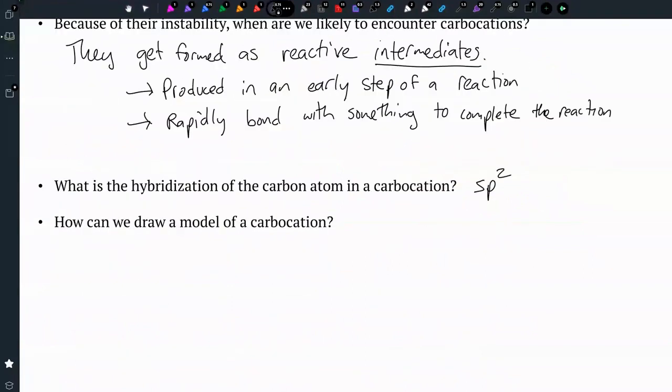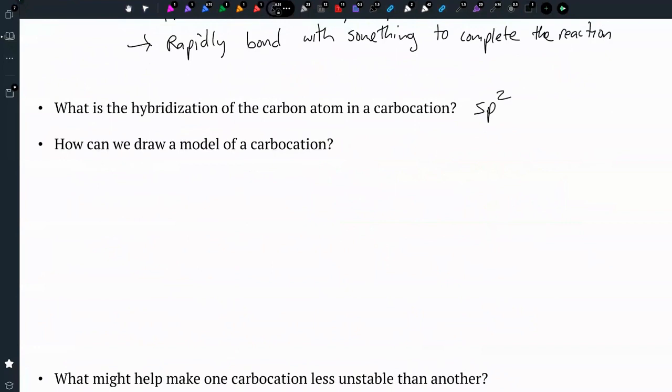So if I want to think about how to draw a model of a carbocation, it's trigonal planar. So since it's planar, I could just draw it flat on the page. That's one way to draw it. And in a reaction mechanism, we might just draw it that way.